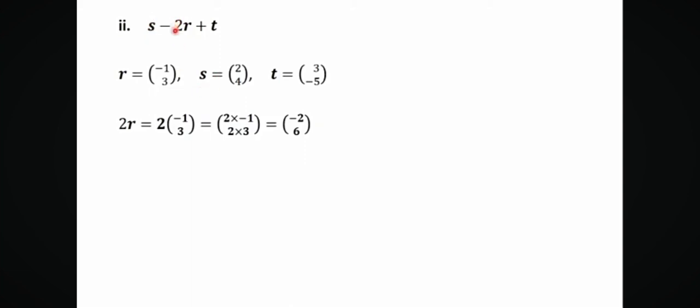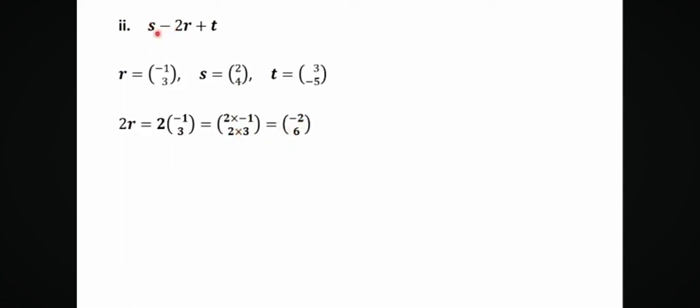What we have to do something about is 2r, because r is being multiplied by a scalar. The scalar here is 2, so it means that we are going to use the value 2 to multiply the x component and the y component. As we did previously, 2r is going to give us 2 times the x component, which is -1, then 2 times the y component, which is 3. So 2 times -1 will give us -2. 2 times 3 will give us 6.